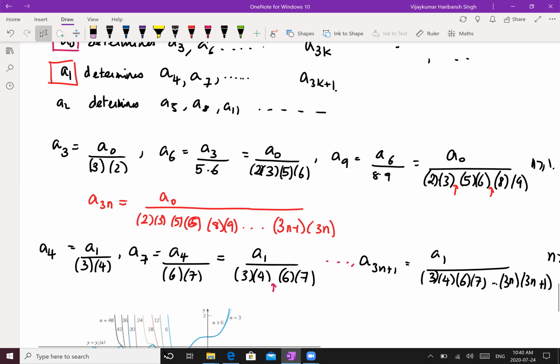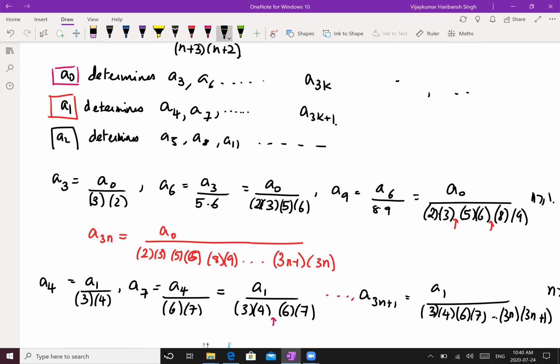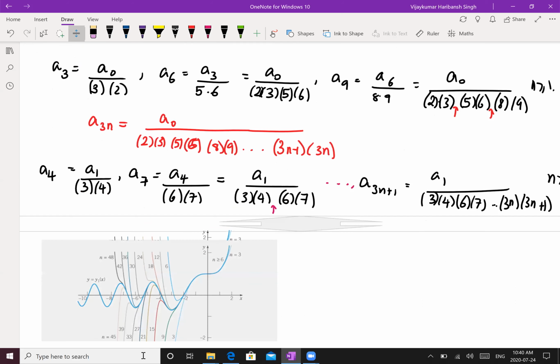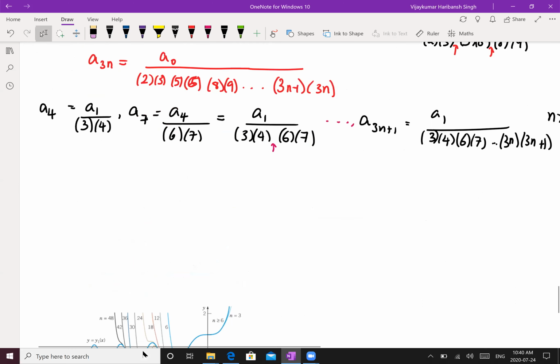Now comes the one which is determined by A2. So let's see what is determined by A2. We know A2 is 0, right?